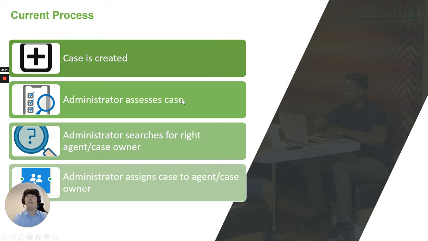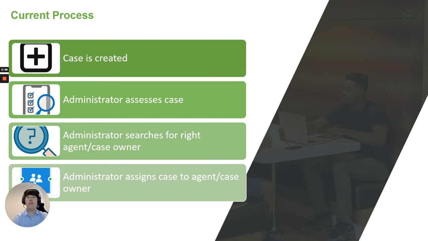Then the administrator has to assess the case and see if the feedback or sentiment is positive or negative. Then the administrator is to search for the case owner or the agent best equipped with the skills and/or expertise to handle the case. And then lastly, the administrator will assign the case to that agent or the case owner.